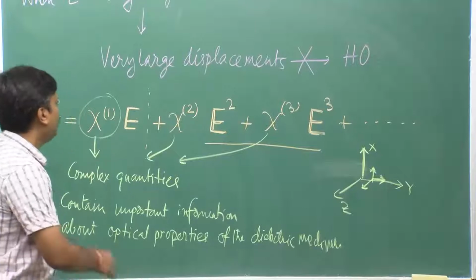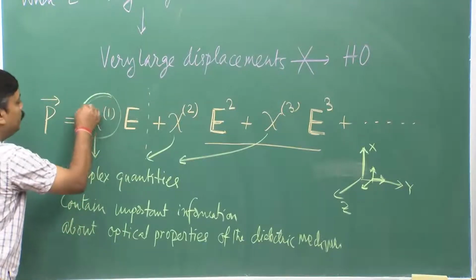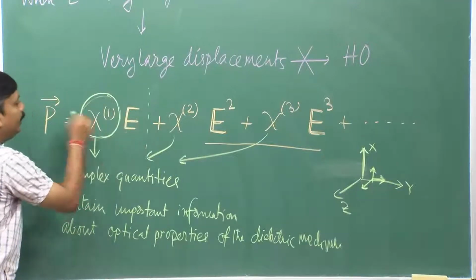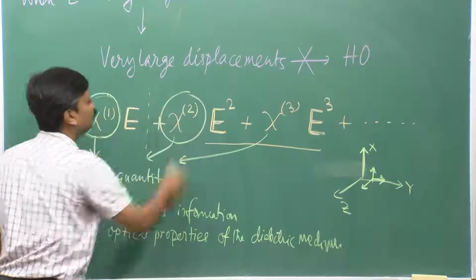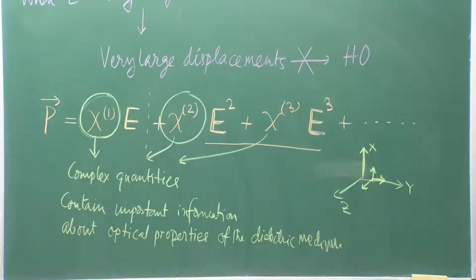That information is contained in these quantities chi's, and that is why they are known as tensors. They relate two vectorial quantities, electric field and the polarization, and they dictate in which direction the electron oscillation will take place.